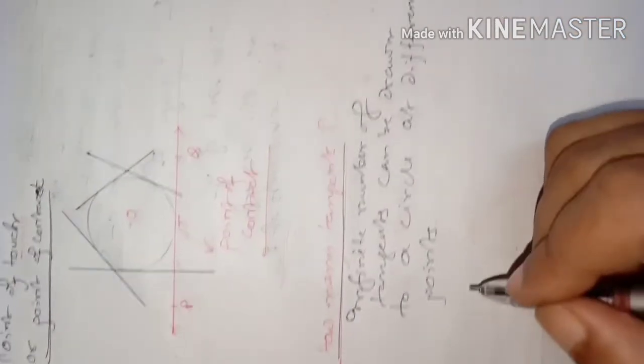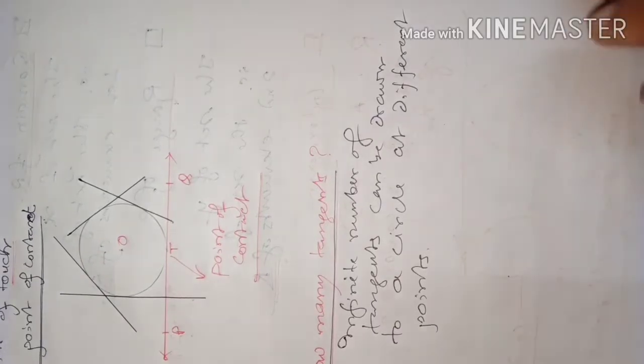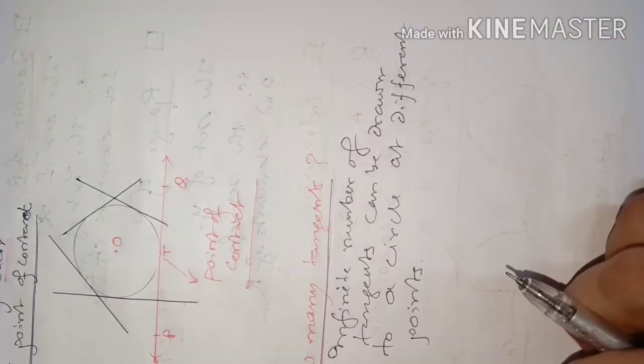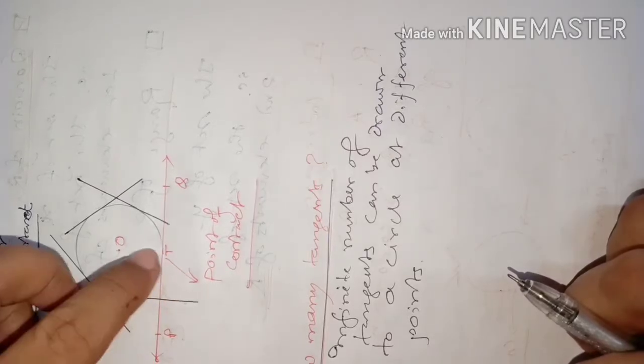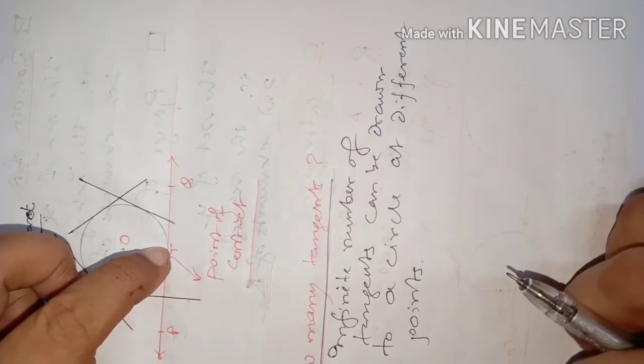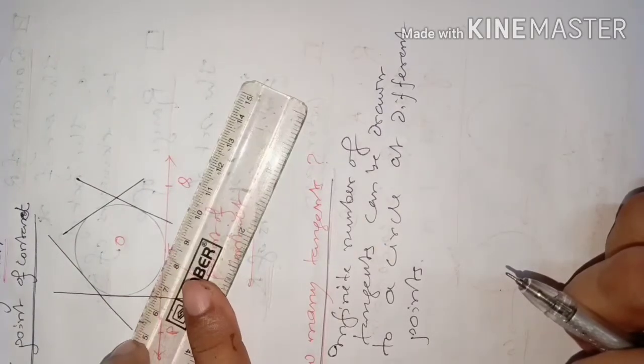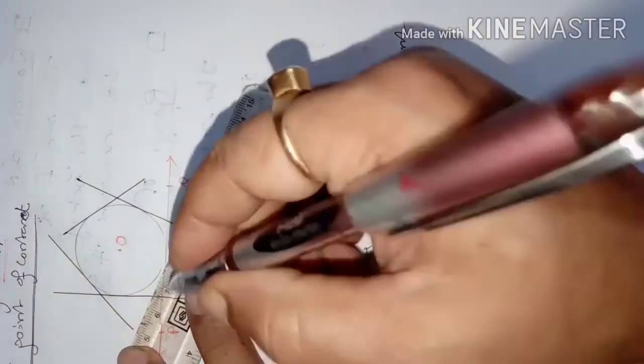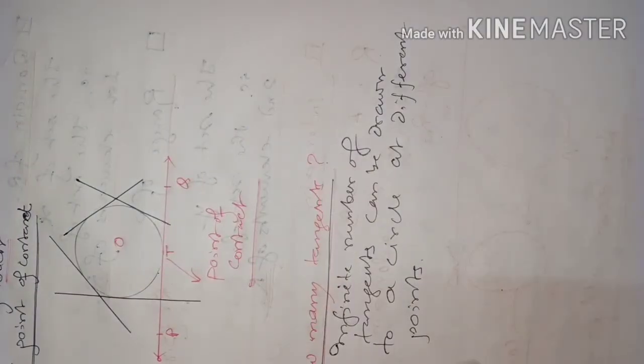But if you are asked how many tangents can we draw to a circle at exactly the same point, you can draw only one tangent at a point. You see, this is point T. Again another tangent you can't draw there at the same point T. That will be a tangent, but it will be a tangent at a different point. At one point only one tangent will go.